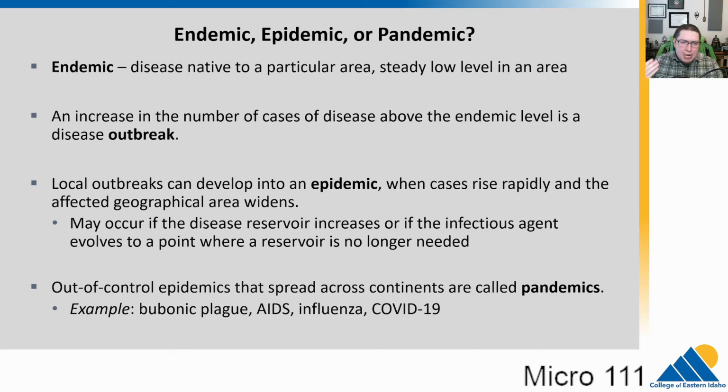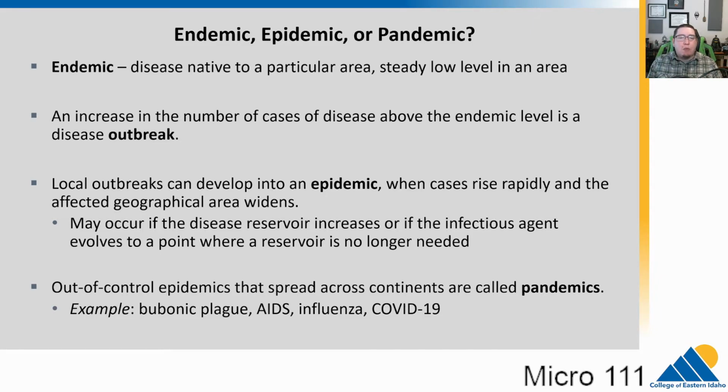When we see an increase in the number of cases of a disease above the endemic level, we call this an outbreak. We group outbreaks kind of on their severity and how broad the area the outbreak occurs in is. So when we have what we call a local outbreak in a small area, this can be classified as an epidemic when cases rise quite rapidly and the area geographically that is affected starts to widen.